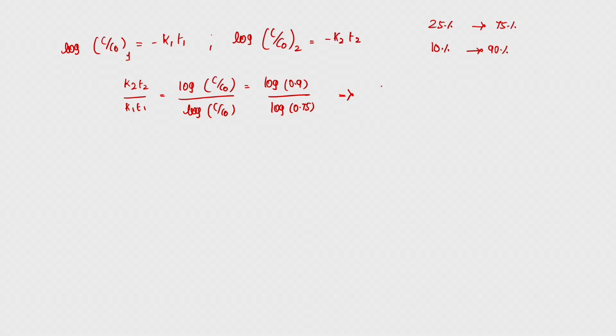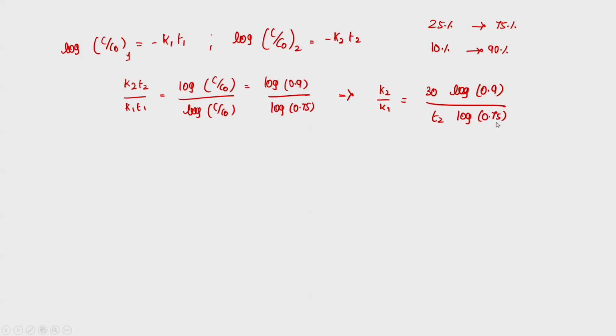So which gives me K2 upon K1, which is nothing but 30 into log of 0.9 divided by T2 log of 0.75. So which is equivalent to 2 into T2 minus 110 divided by Z, which is 10, right. So you do the calculation.